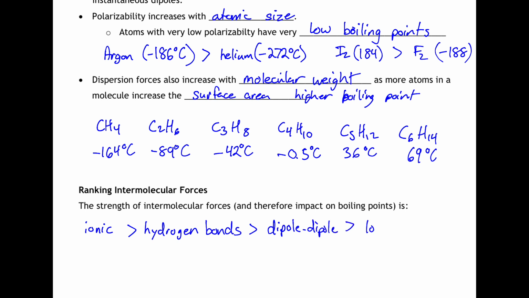And then we have London dispersion. And that's their basic impacts on their boiling points. So ionic bonds hold together extremely tight. Hydrogen bonds hold really tight around each other. Then we have dipole-dipole interactions, holding on okay, and then London, barely anything. Just the lightest little hold on each other.